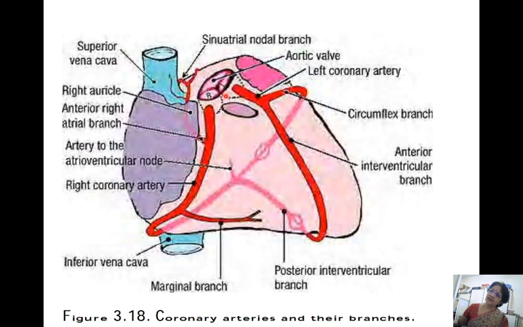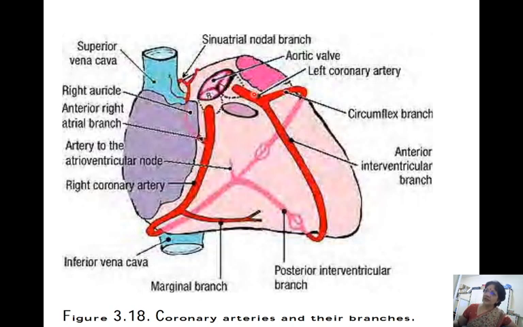Just after the oxygenated blood gushes out, immediately there is a little pocket in the wall from which the right coronary arises. The left is emerging from the left posterior aortic sinus.